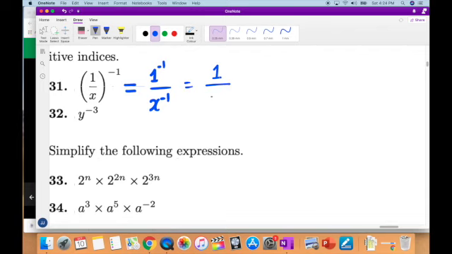So now I have 1 over x to the negative 1. And then what will I get? Let me write down the rule. To get from here to here, we use the rule that if I have a over b to the power of m, that is a to the power of m over b to the power of m.